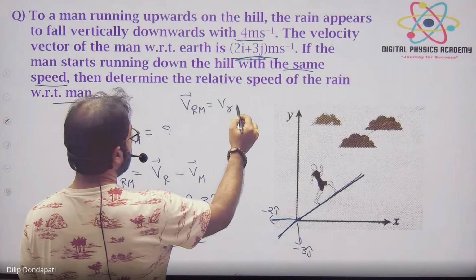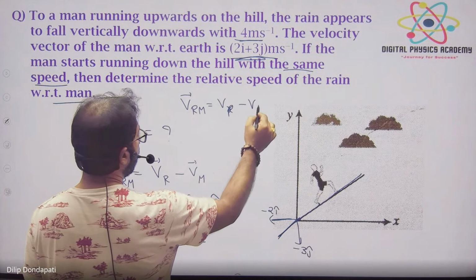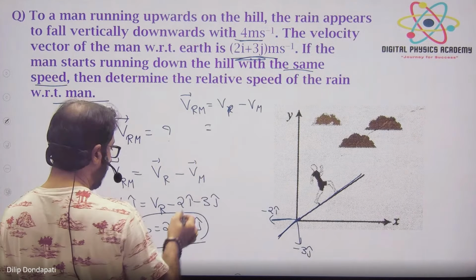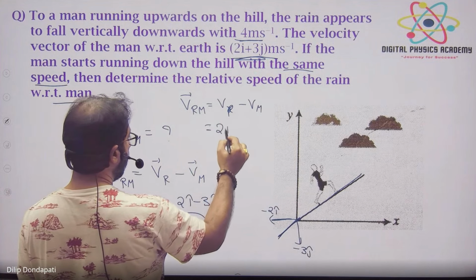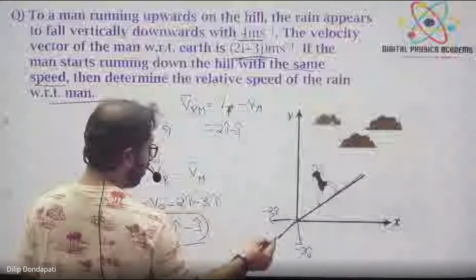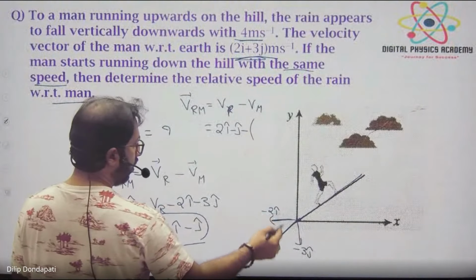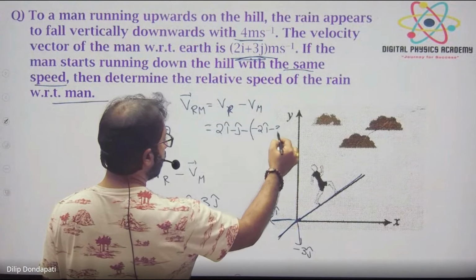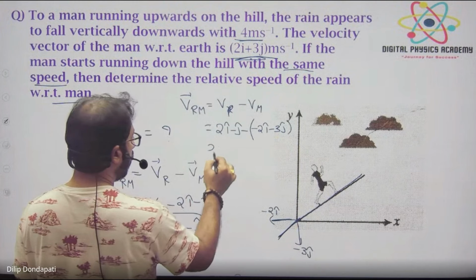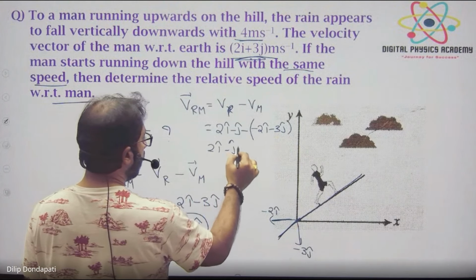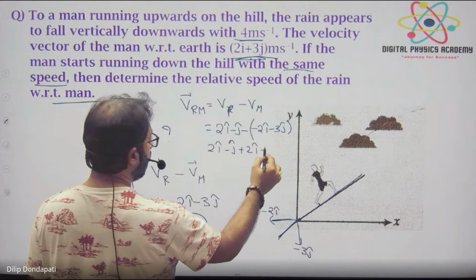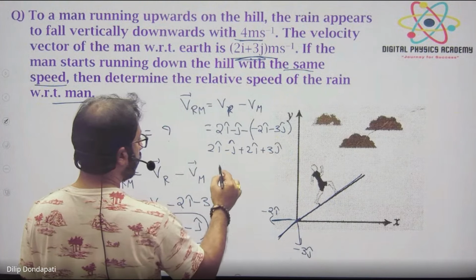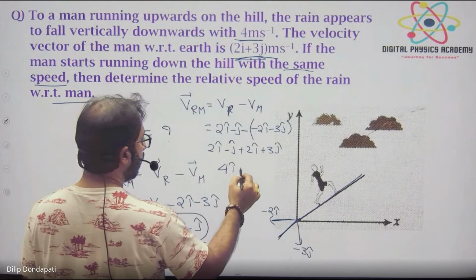VR minus VM. So VR is same, 2i cap minus j cap, minus VM. So minus of minus 2i, what will the velocity of man be? Minus 2i minus 3j. So 2i minus j plus 2i plus 3j. So 4i plus 2j.